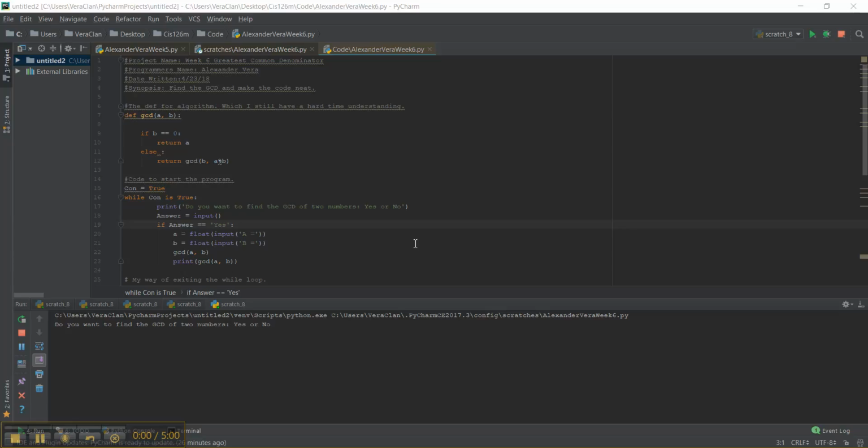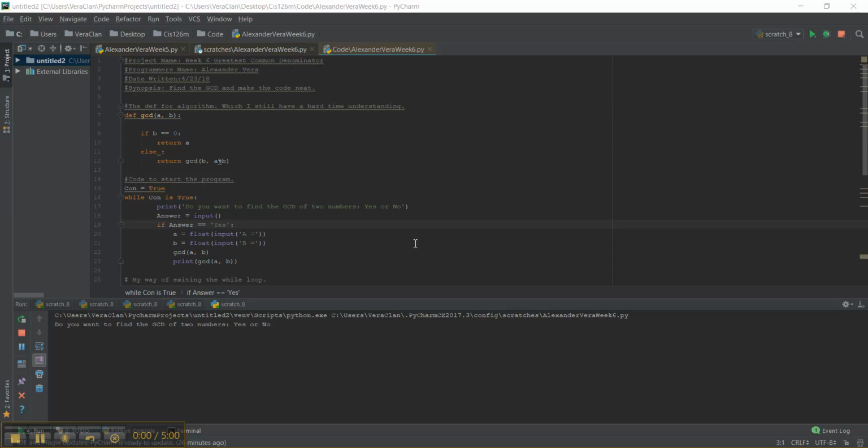Let's say 14, and then let's say 28. The greatest common denominator would be 14. Let's say I put in K. Please enter yes or no. I. Please enter yes or no. 0. Please enter yes or no. No. Press enter to exit. And now it's the program.